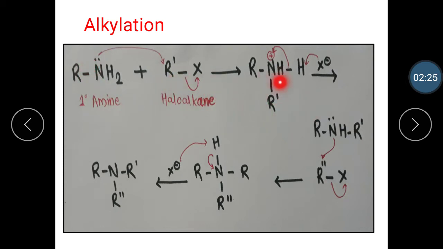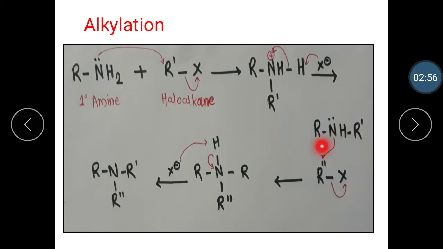The nitrogen is more electronegative, so it takes the electron from this hydrogen, and to support this hydrogen the X minus ion helps, and the nitrogen takes its electron and the plus charge vanishes. Because the nitrogen donated its electron, there is a plus charge on it. On alkylation there is removal of hydrogen and joining of the alkyl chain, forming a secondary amine.